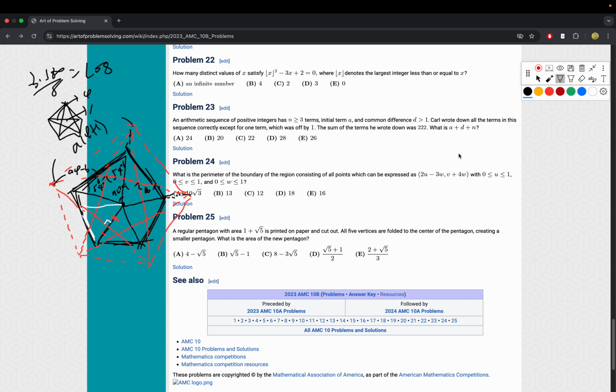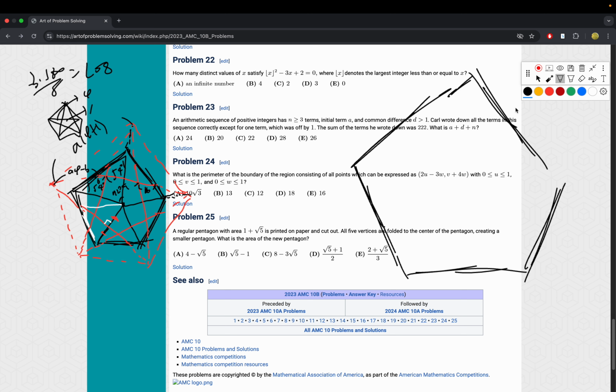Okay, so what we have right now is a big pentagon. I need bigger ones. Like a huge pentagon. And oops, that's not a great pentagon. Yeah, this is much better.